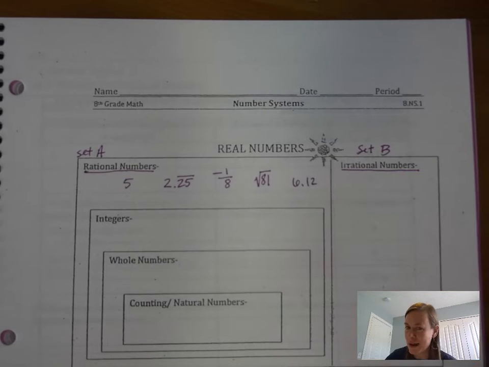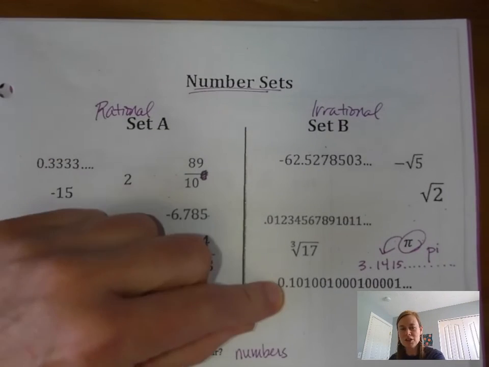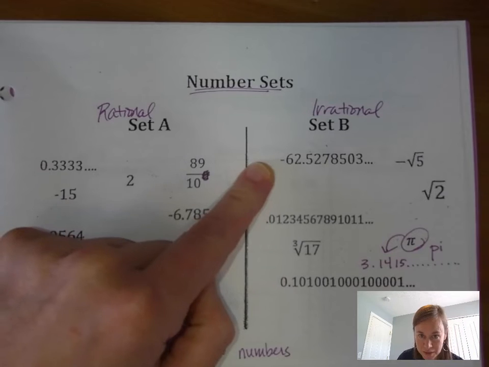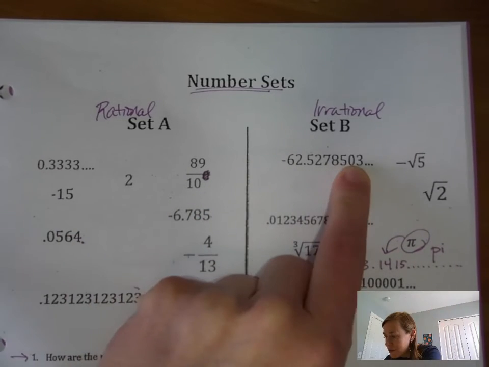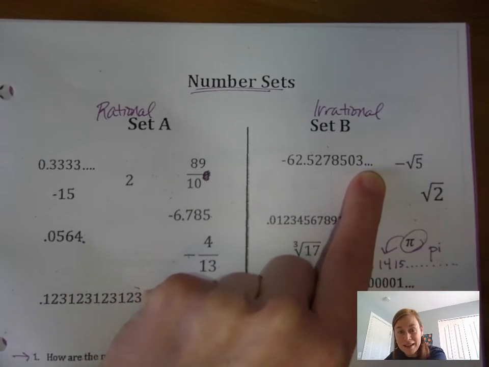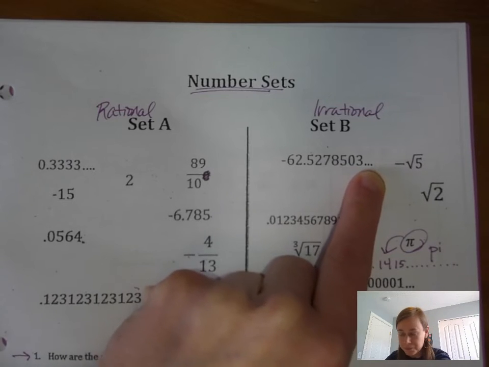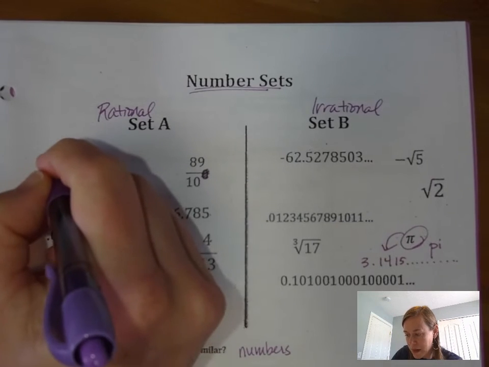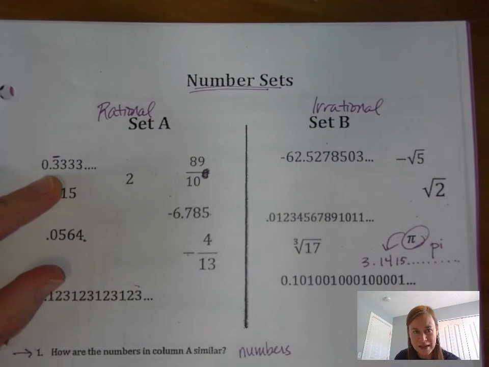Okay, what about irrational numbers? So these irrational numbers, you noticed over here that there were no fractions, no repeating decimals, no terminating decimals, and no integers. So everything that we have either has like a dot dot dot after it, and that just means it keeps going forever. Now look here, the dot dot dot here just means that it's repeating. They could have just as well written one of these guys.